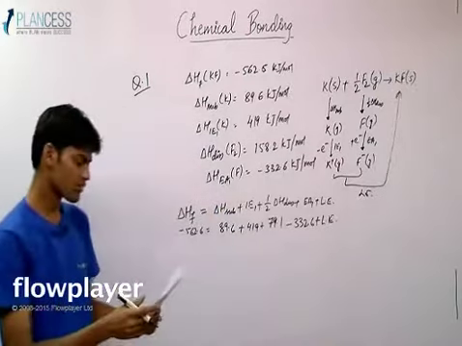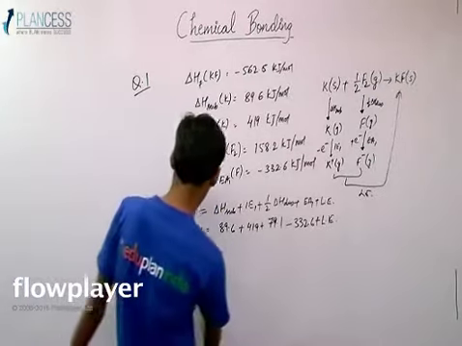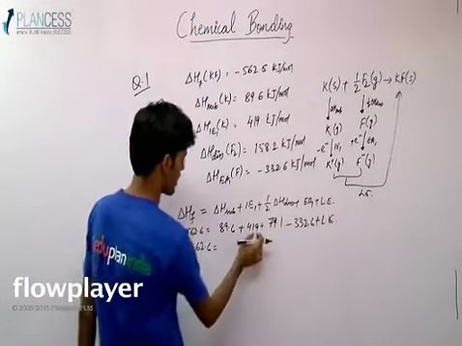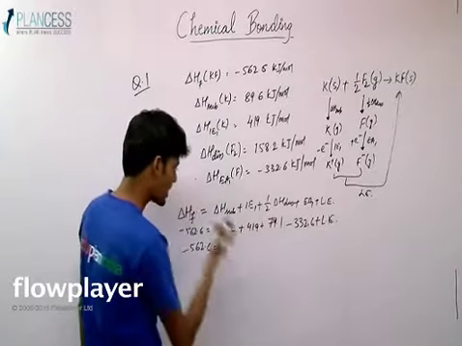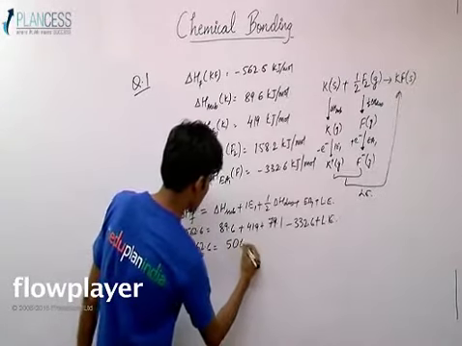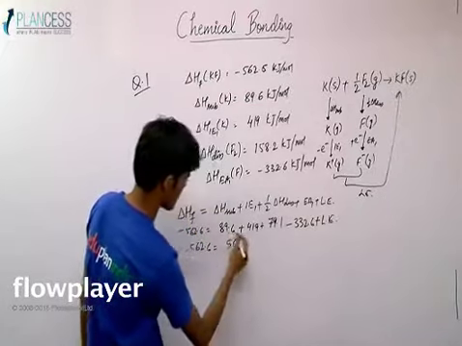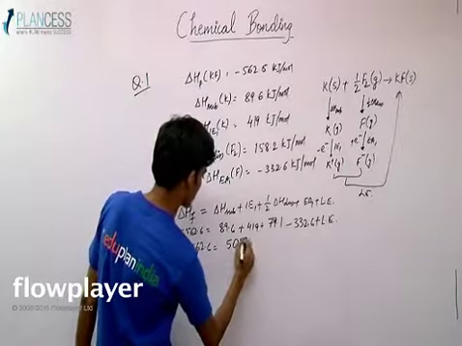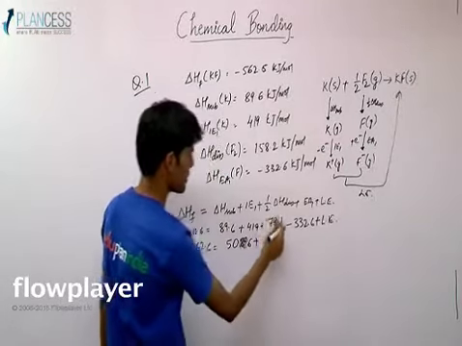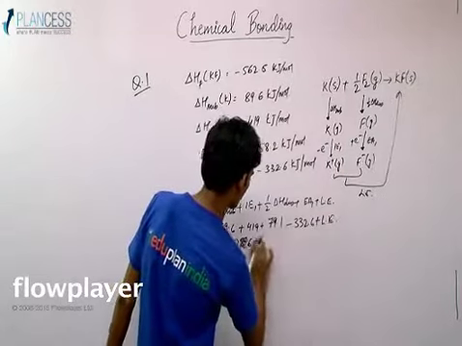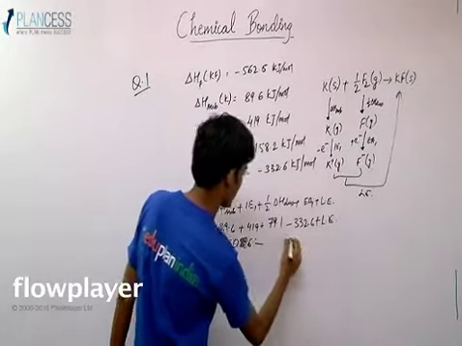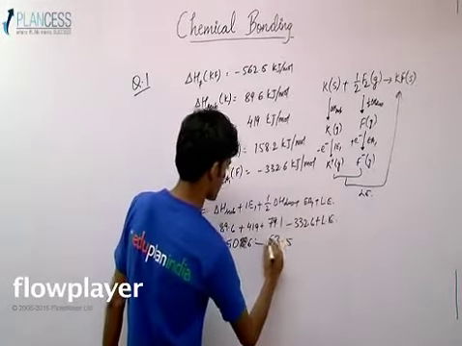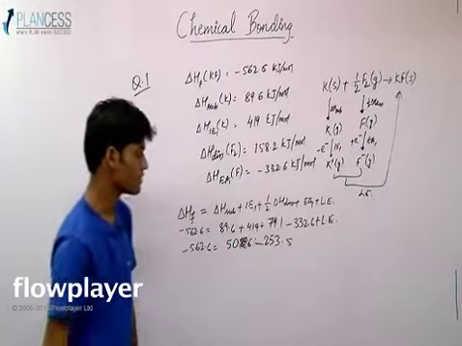So when you add this up, I should do the calculation also. So it is 89.6 plus 419, so you will get 508.6, plus 79.1, minus 332.6, and this would be 253.5.